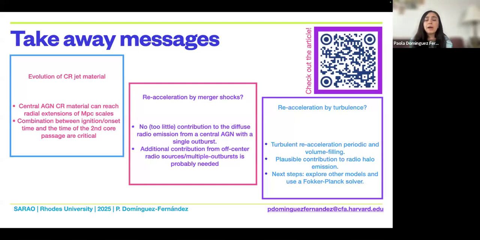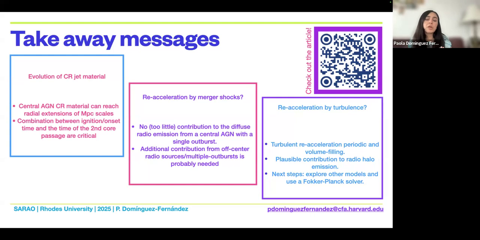I showed you how a merger is really effective at disrupting AGN lobes and afterwards dragging the material out to very large radii, in a way that it can permeate the whole central region of the cluster. We also talked about the possibility for this material to be reaccelerated by shocks or turbulence.